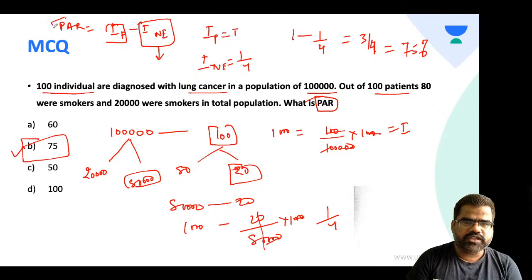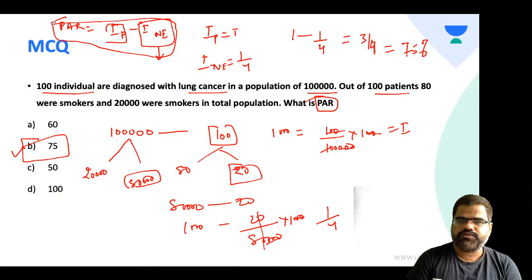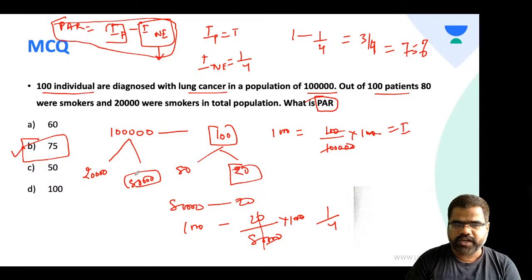So if I know what population attributable risk is, then we have understood this. I did not make any 2 by 2 table. I have just taken the question step by step, and I have tried to calculate, and it has become easy.